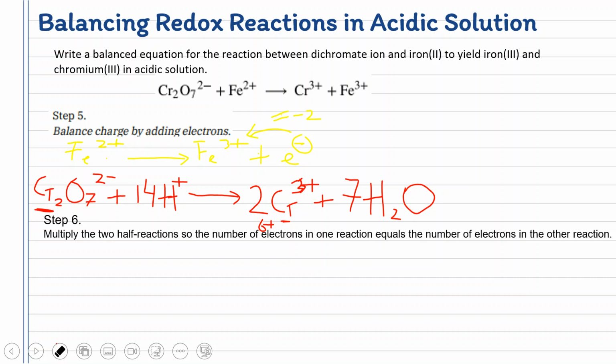So let's start with 1. We know that this is 6 plus here, or plus 6 here. Let's look at the charges here.